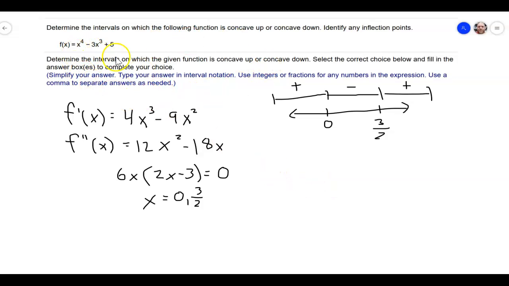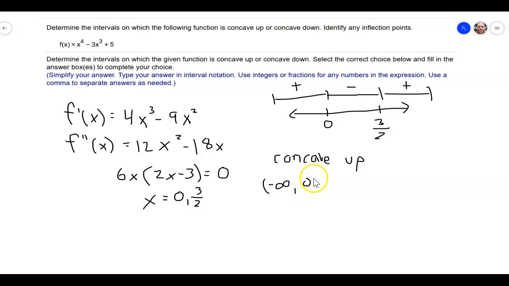The way I'm going to put it in here, it said separate it by commas. So for concave up, we start with the left, going from negative infinity all the way to 0.